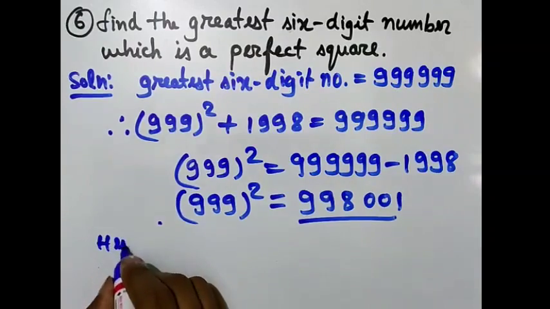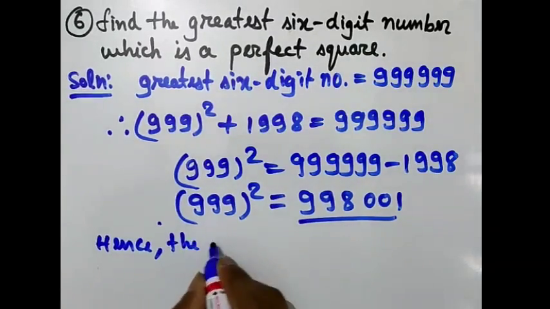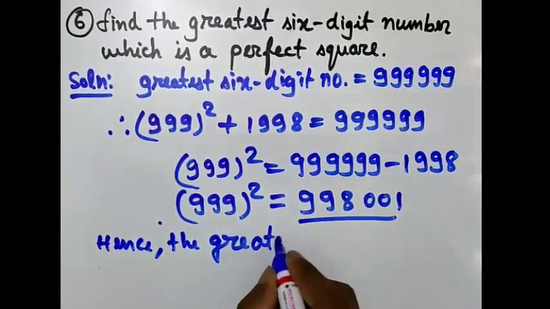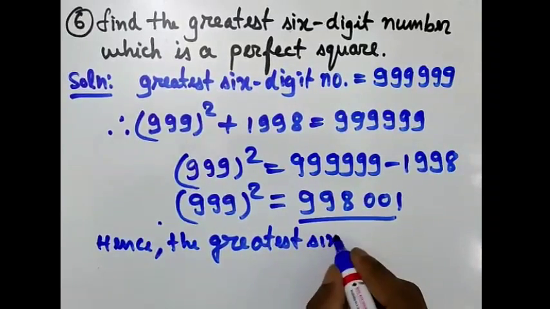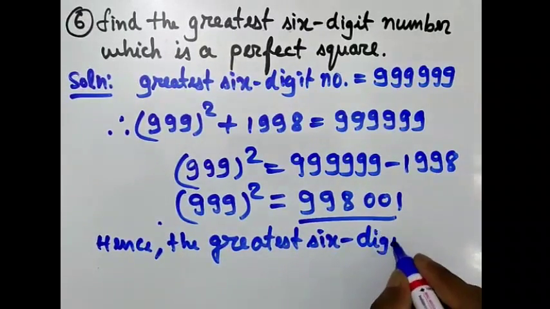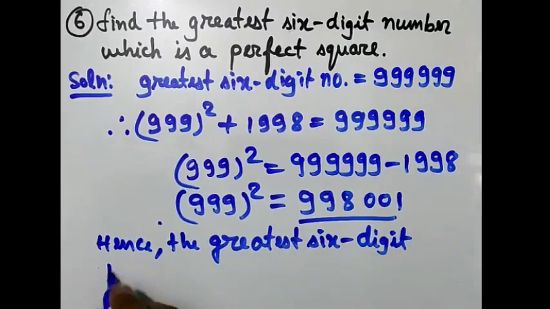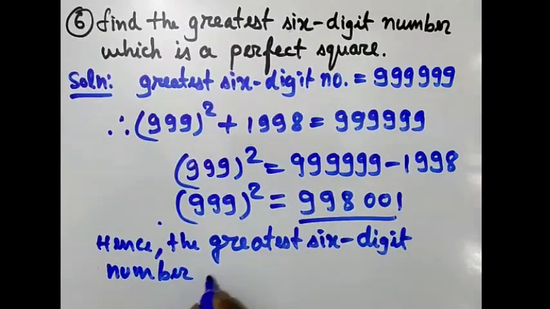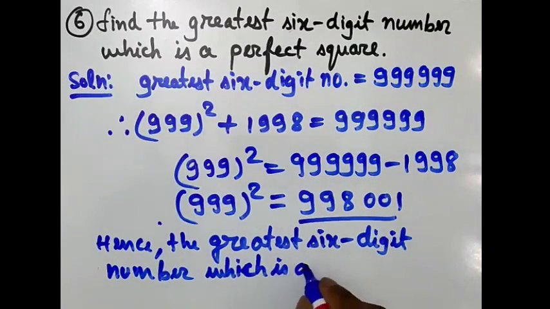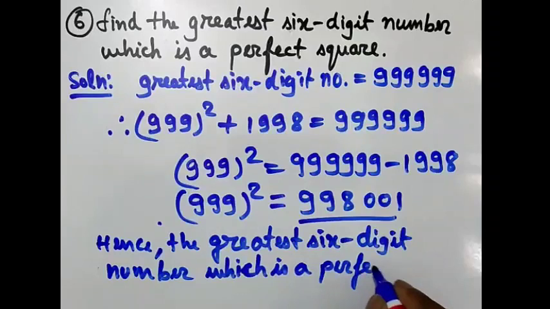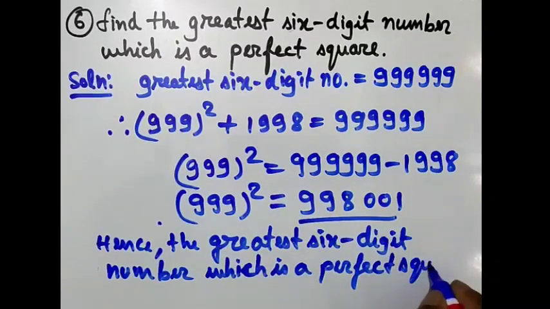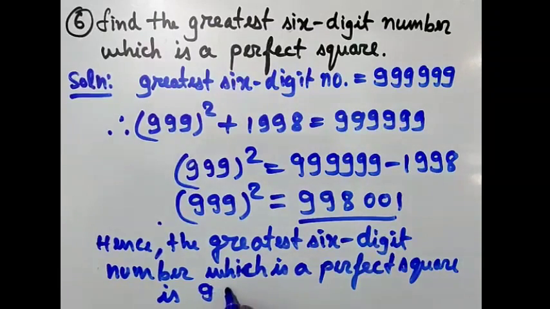Hence the greatest 6-digit number which is a perfect square is 9,98,001.